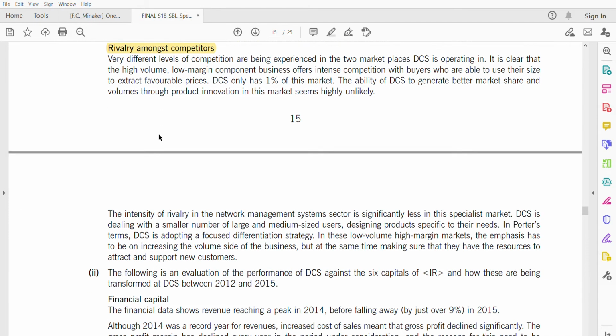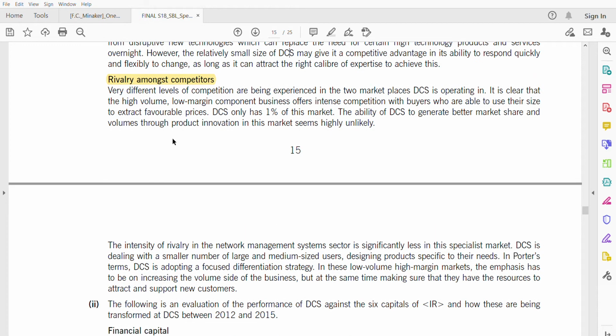Rivalry amongst competitors. Very different levels of competition are being experienced in the two marketplaces DCS is operating in. It is clear that the high volume, low margin component business offers intense competition, with buyers who are able to use their size to extract favorable prices. DCS only has 1% of this market.